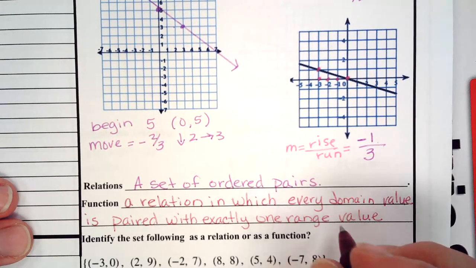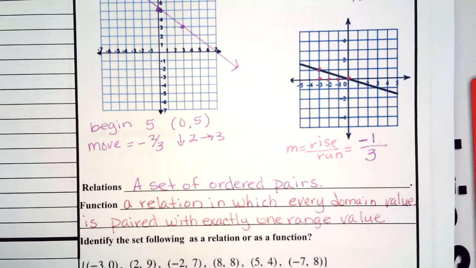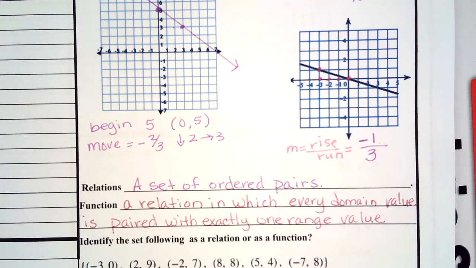So for each x there is only one y. There's only one output.